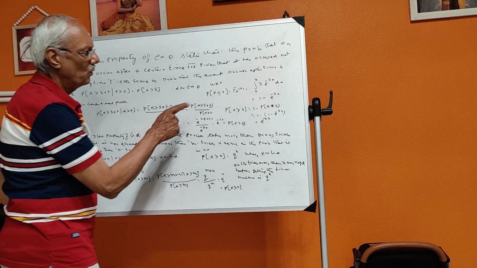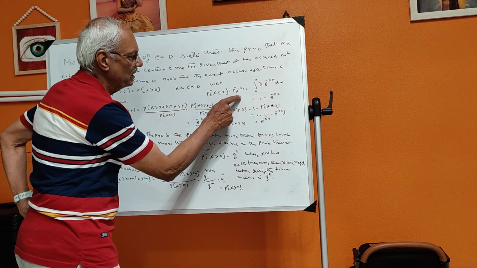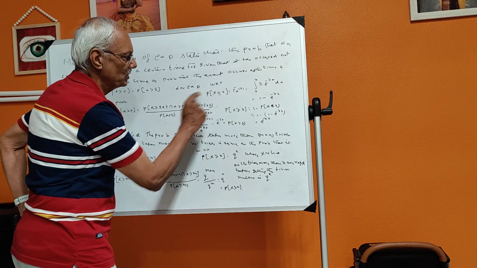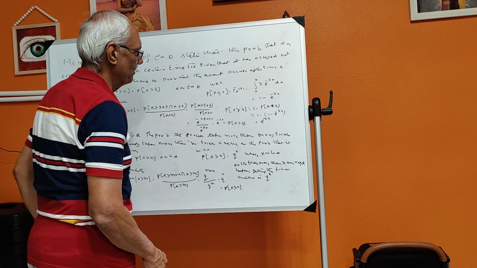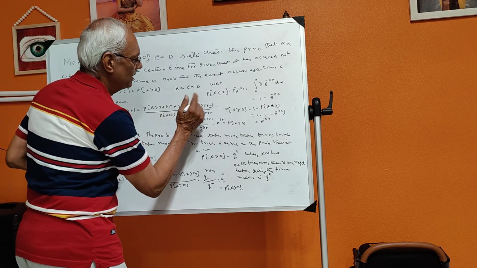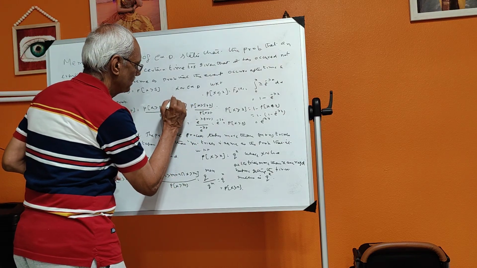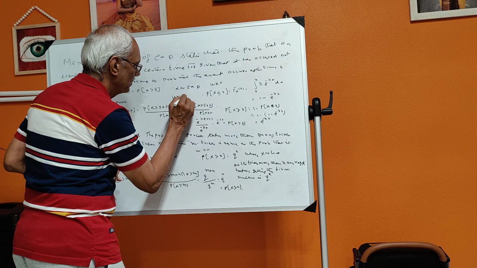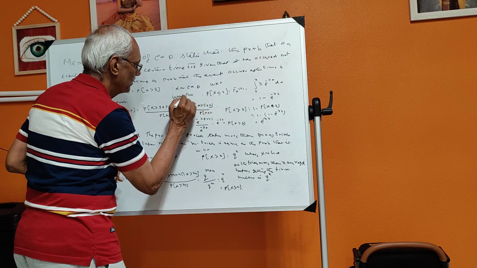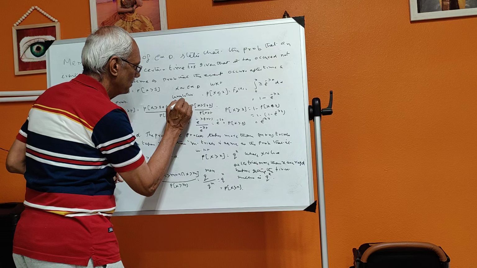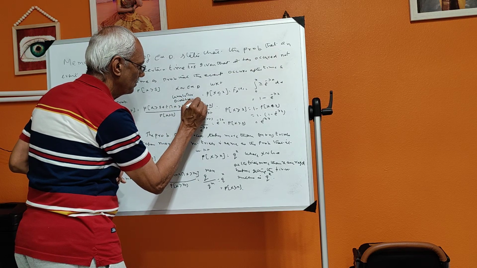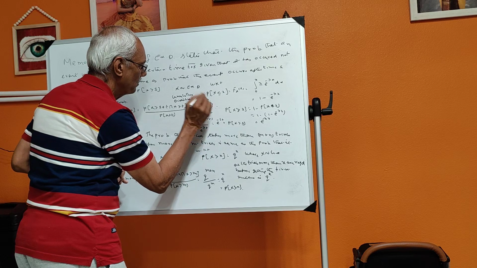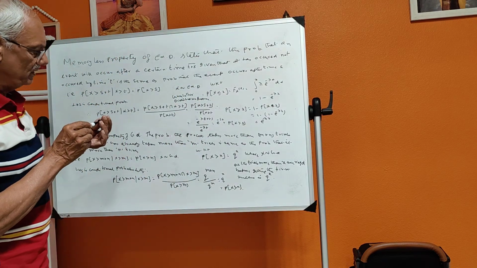Before that, this is called the cumulative distribution function.